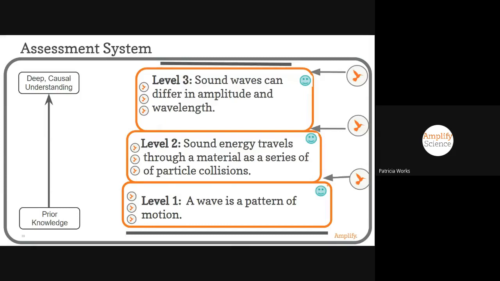So on this slide, you see the entire assessment system and how it's built around the unit's progress build. Remember, the dark line at the bottom represents the pre-unit writing, and the dark line at the top represents the end of unit assessment.